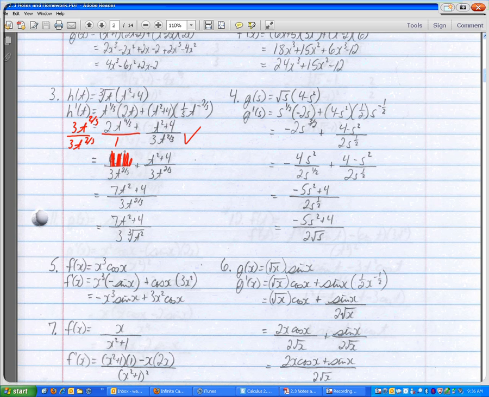Because 3t to the 2/3 times 1 gives me the denominator I want. So I got to multiply the top by 3t to the 2/3. Well, 3 times 2 is 6. And then t to the 2/3 times t to the 4/3. Add the exponents. That's t to the 6/3. And what's 6/3? So I get t squared.